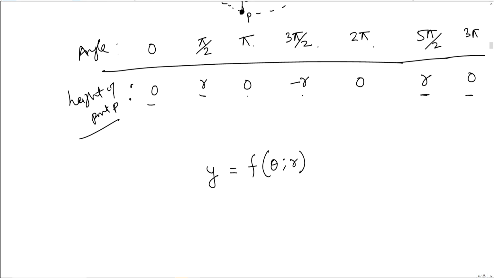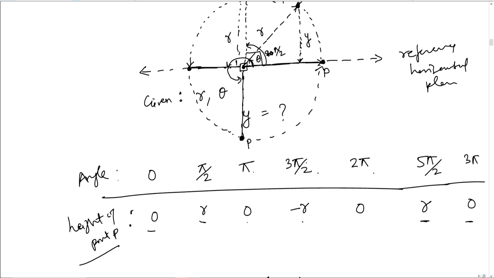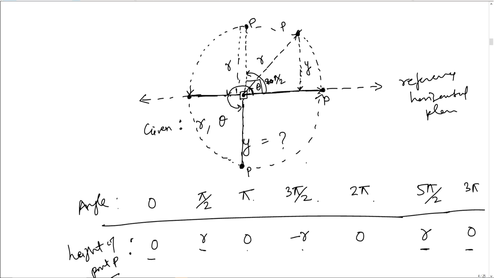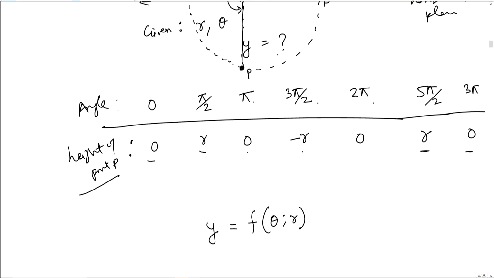What does that mean? As the value of theta changes, y has some value, but after a certain value of theta it repeats. It is visible in this graph as well, that for example, if theta is increasing from 0 to 90 degree, the height is also increasing from 0 to r.